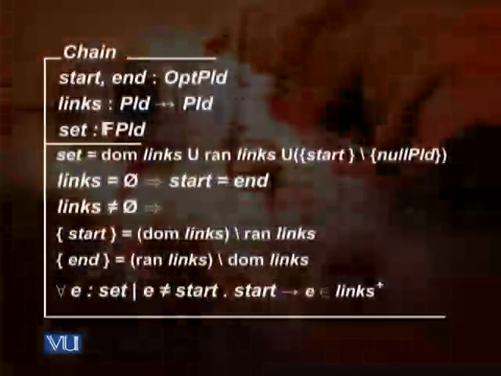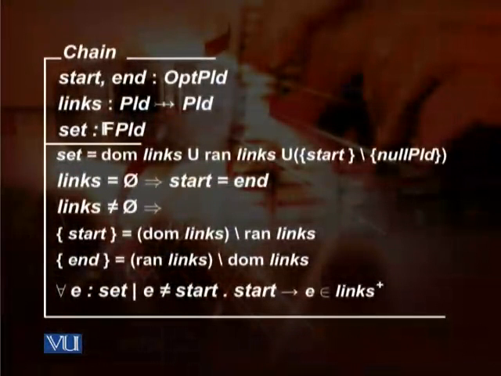And finally, we say for every E which belongs to this set, when E is not equal to start, start is mapped onto E is a member of links plus. What we are saying is this E is a member of the set of all the PIDs in the chain, and this E can be reached from start by applying this links a number of times.